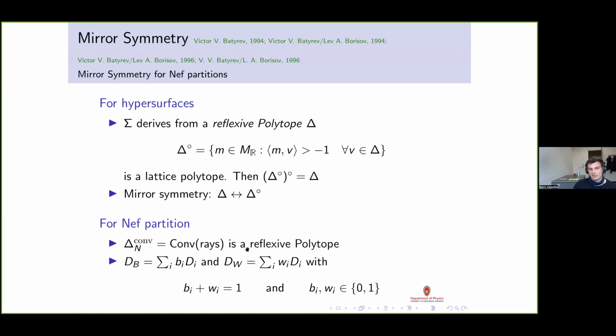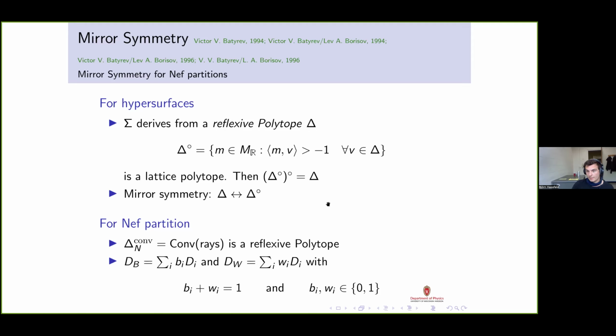For Calabi-Yau hypersurfaces, this was famously done in like 93 or so. And the result is, if our toric fan derives from a so-called reflexive polytope, that means all the rays in our fan are points in a polytope that has this algebraic feature, then we can understand mirror symmetry in a rather easy way.